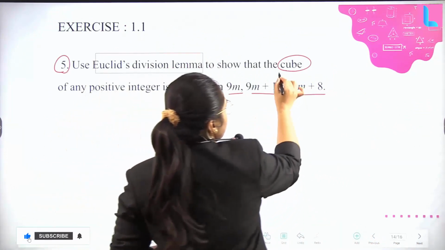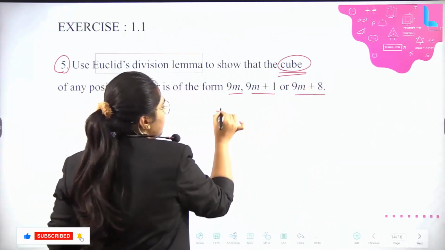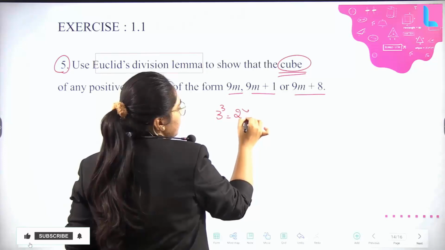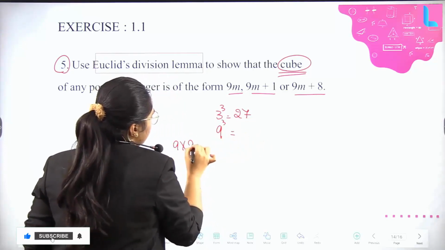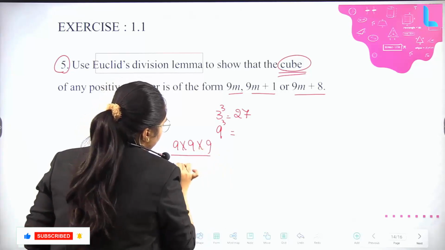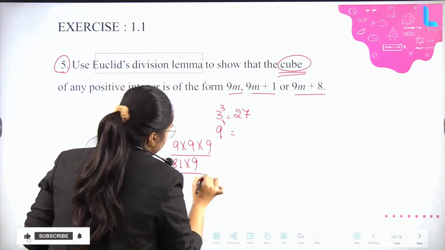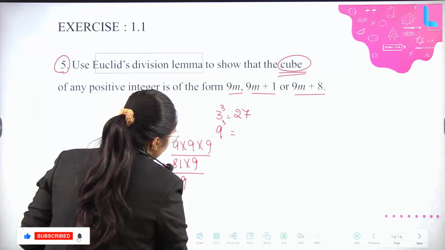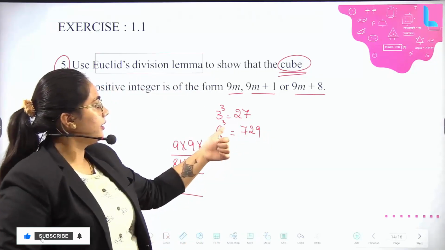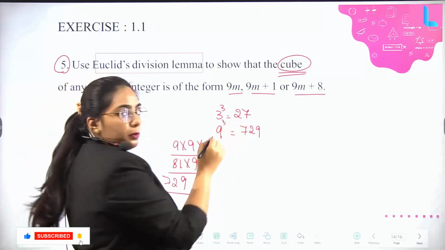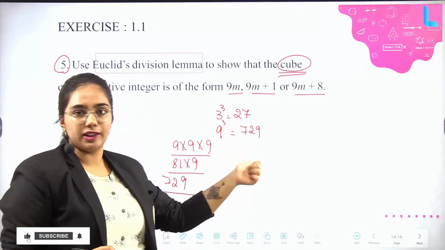Since the question is cube, what is 3 cube? 27. What is 9 cube? 81 into 9, you'll get 729. Here 3 cube is 27 and 9 cube is 729.